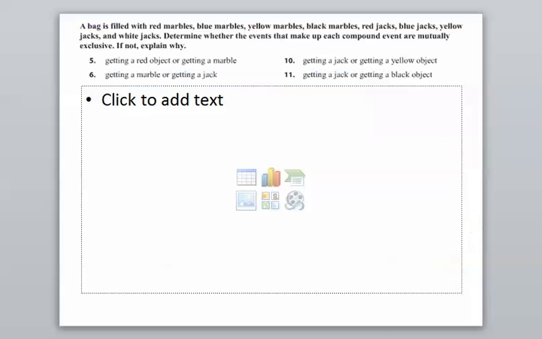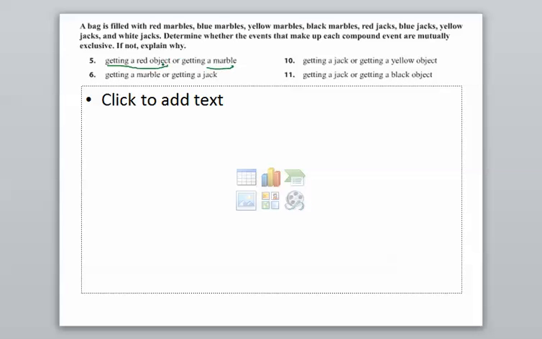Okay? Let's look at a couple of things. We've got a bag filled with red marbles, blue marbles, yellow marbles, black marbles, and red jacks, blue jacks, yellow jacks, and white jacks. Determine whether the events that make up compound events are mutually exclusive or not. So, what's the possibility of getting a red object or getting a marble?